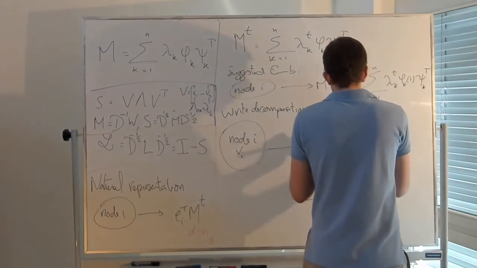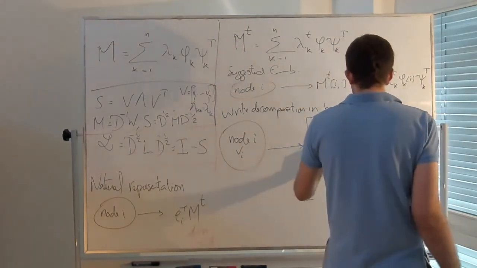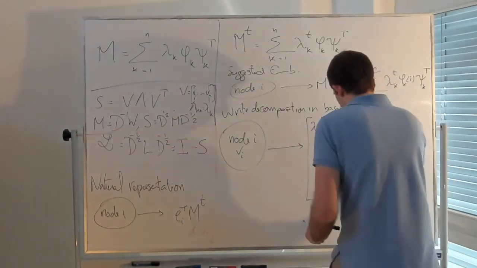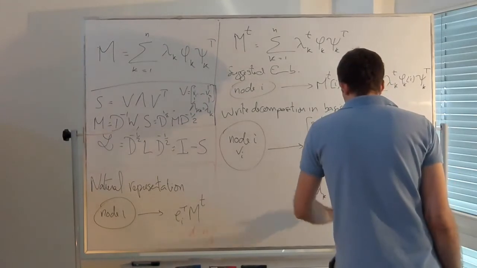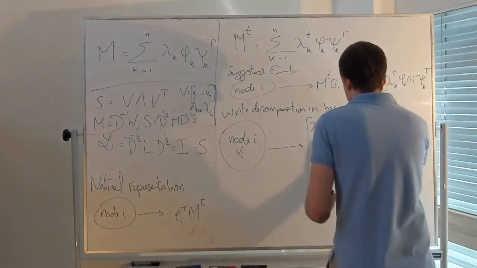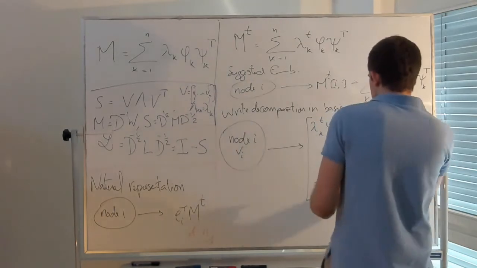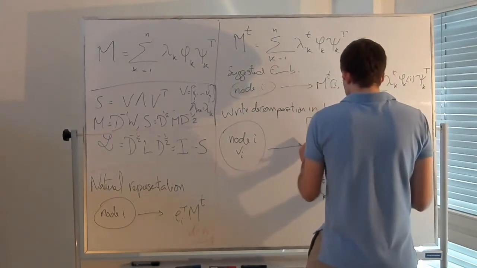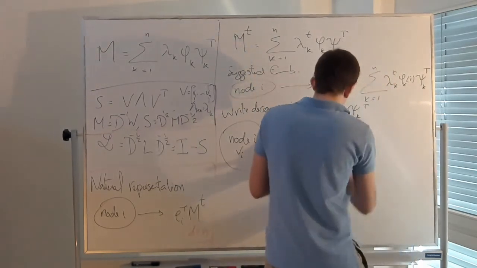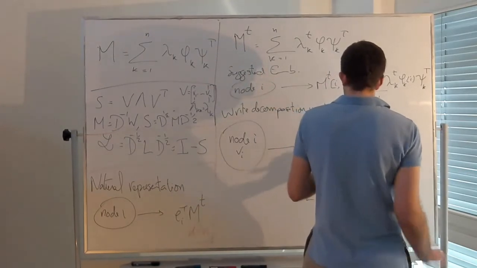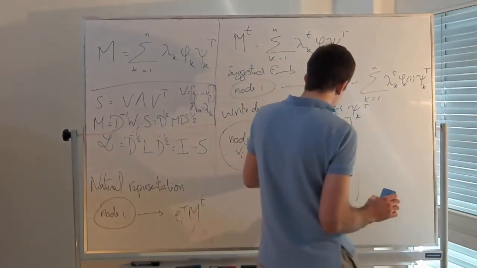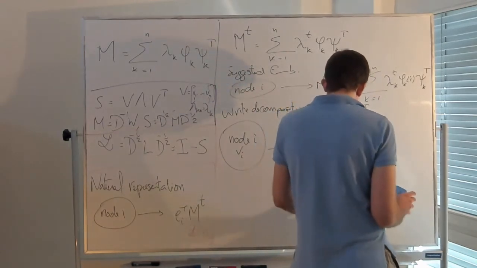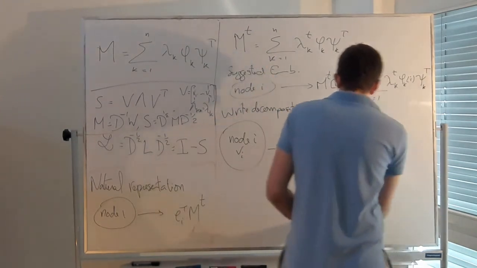Lambda 1 to the t phi 1 at i, lambda 2 to the t phi 2 at i, and so on up to lambda n to the t phi n at i.